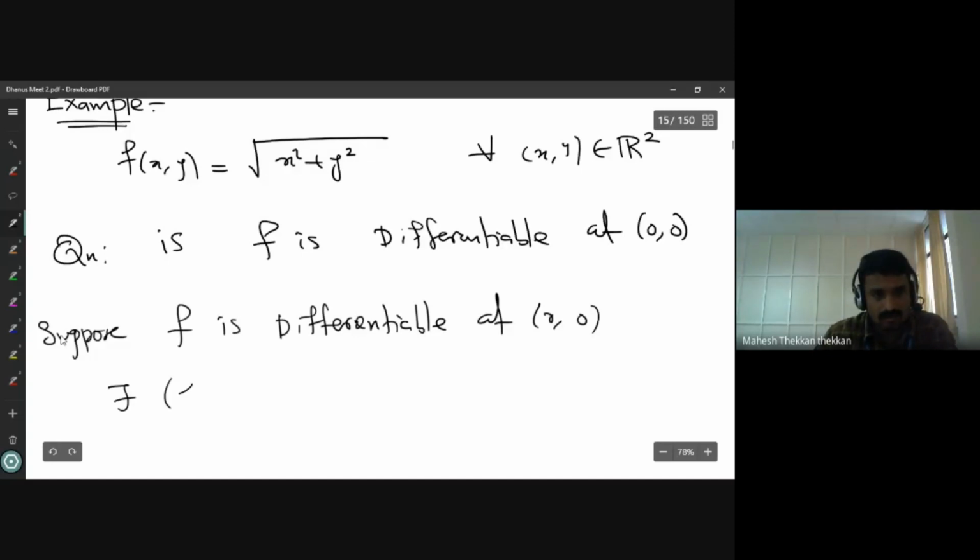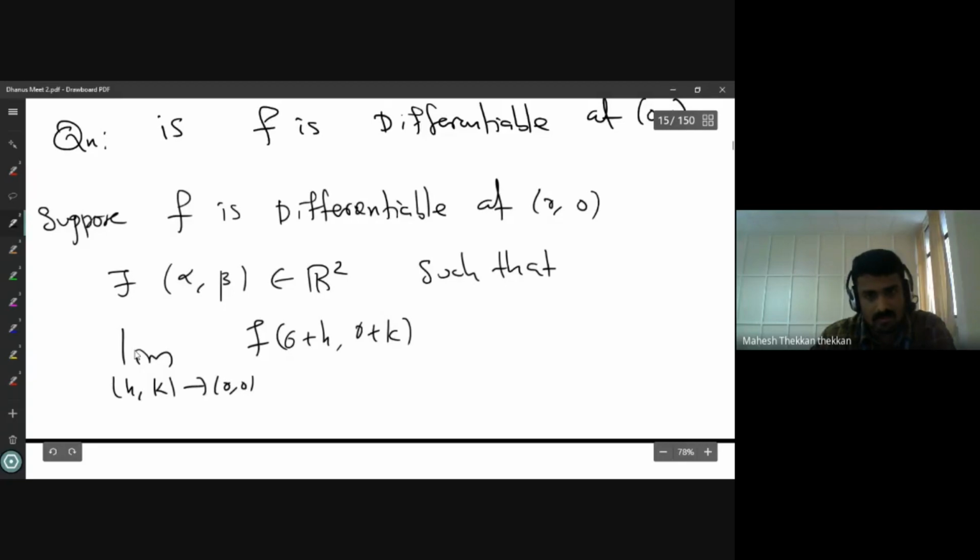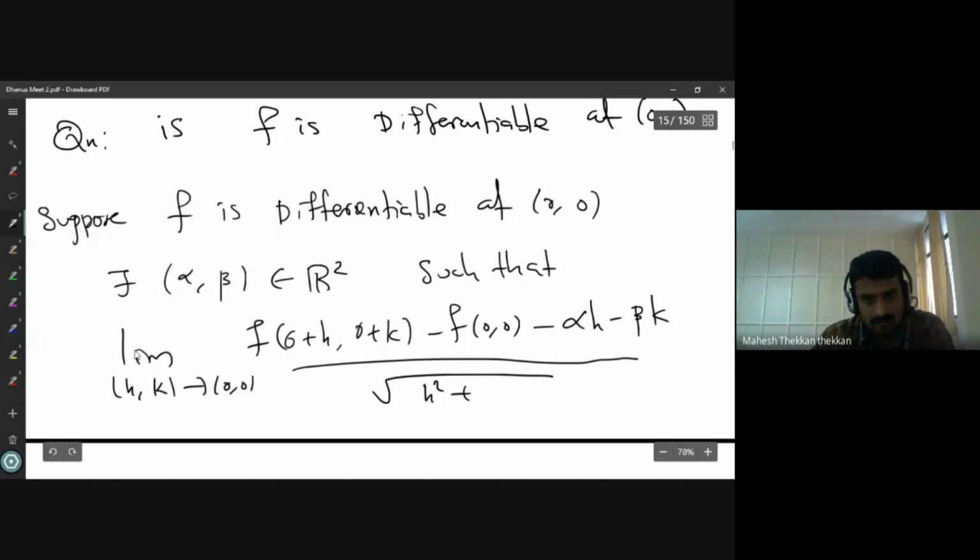Then there exists some alpha beta in R2 such that this thing happens, right? Limit of (h,k) tending to (0,0), of f of 0 plus h, 0 plus k, minus f of 0, 0, minus alpha times h minus beta times k, by the norm of (h,k), happens to be 0. So that is the meaning of differentiability at 0, 0.